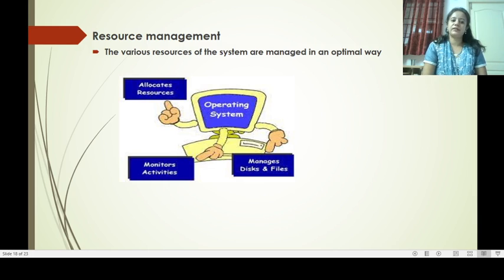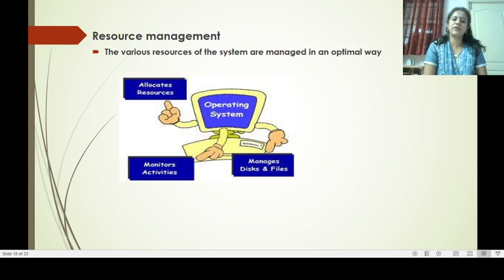Resource management. As we know, the operating system acts as a resource manager. It manages all the resources of the computer system in an efficient or optimal way. Whenever a process requests any resource, allocation of that resource to the particular process is essential.